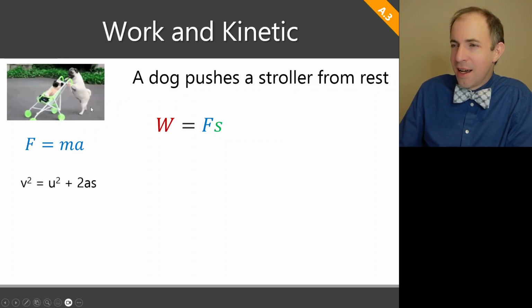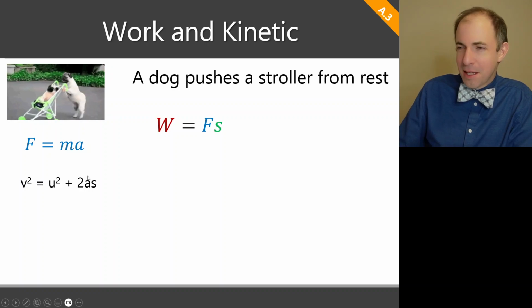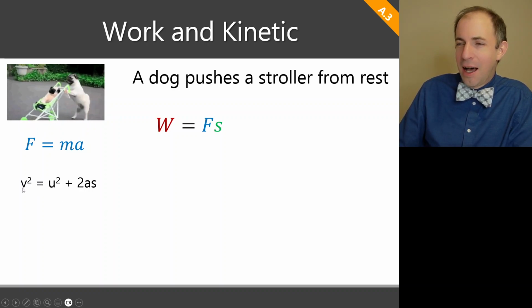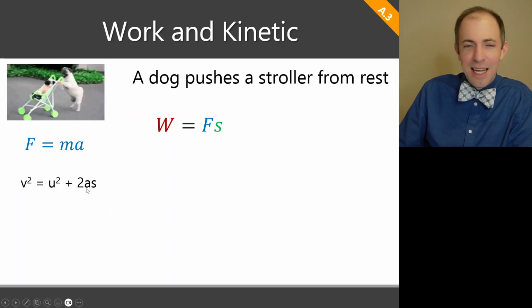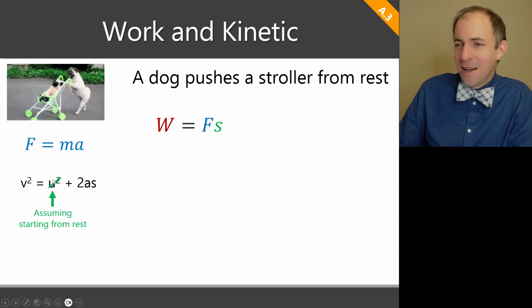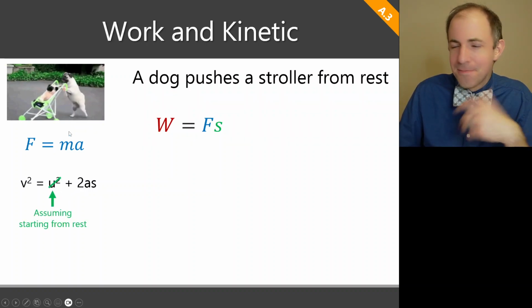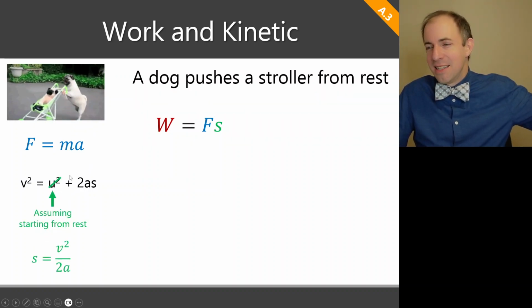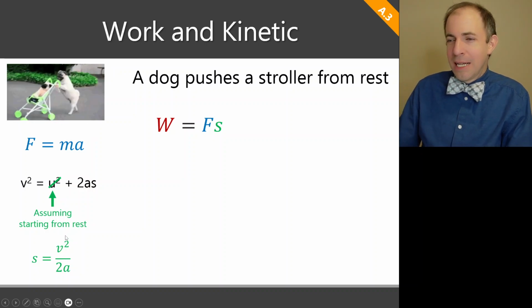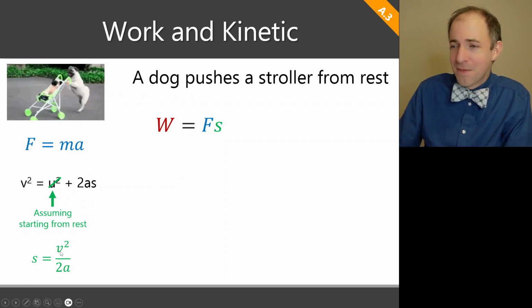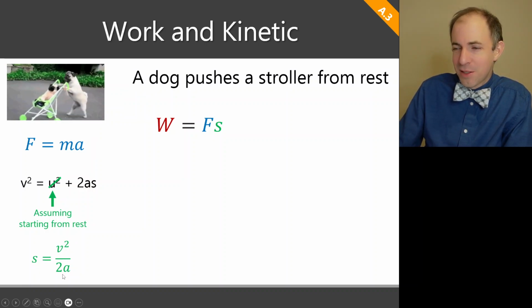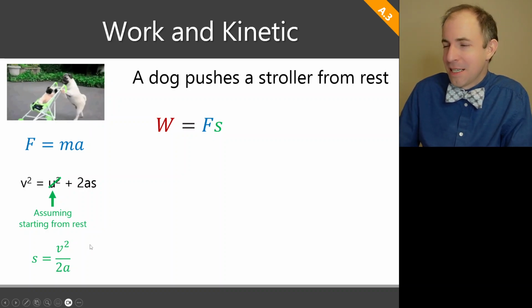We know that in this displacement, comparing some of these things, the final velocity, initial velocity, acceleration, and displacement, we're going to assume that it starts from rest in this case. And if that happens, I can rearrange this to solve for the displacement. So the final velocity squared divided by 2 times the acceleration.